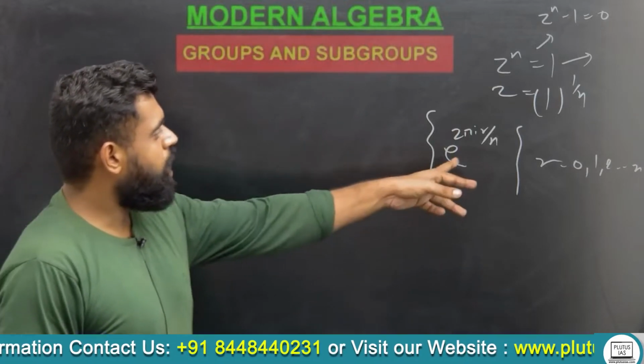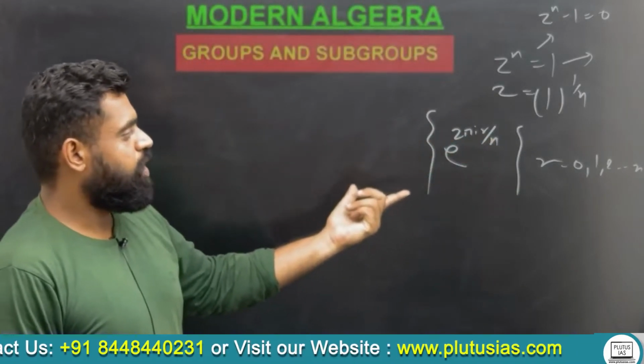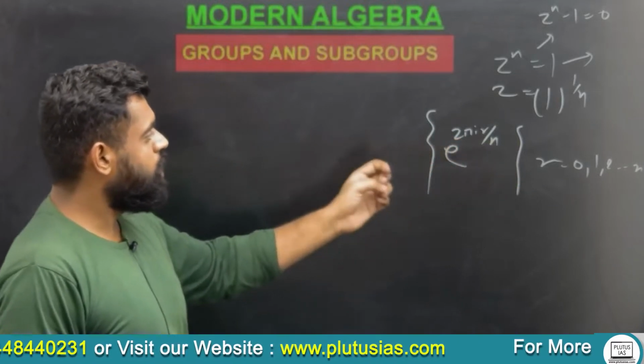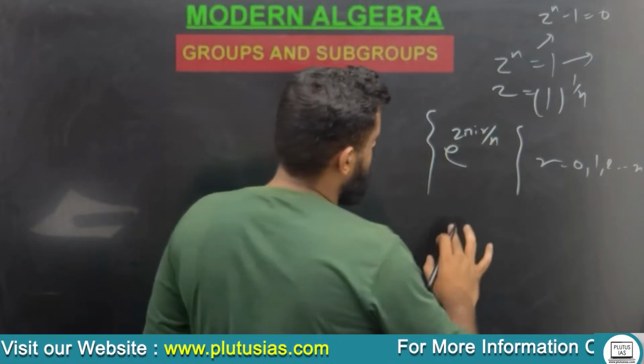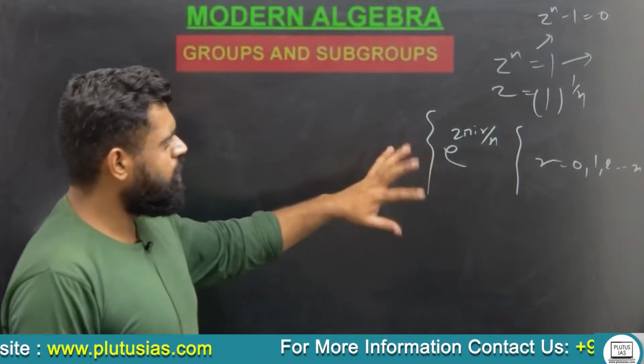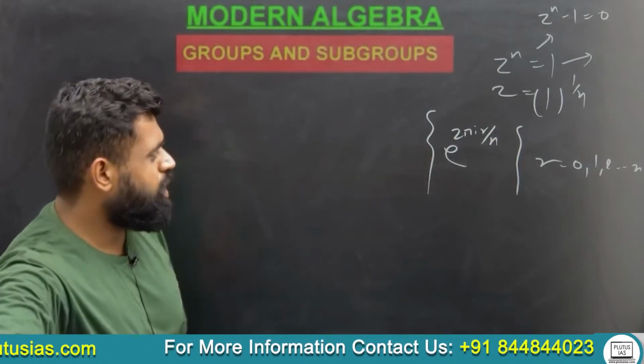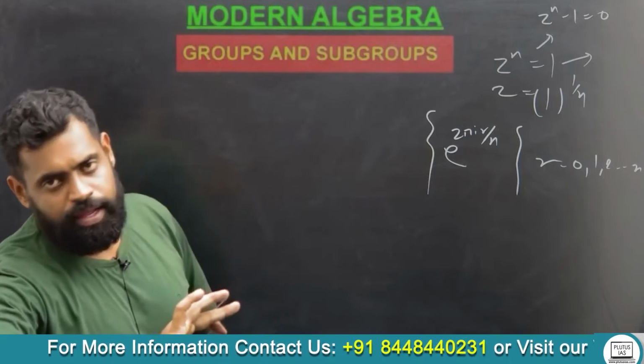If you put r equal to 0, we get 1. If we put r equal to 1, and going this way, we get n roots.